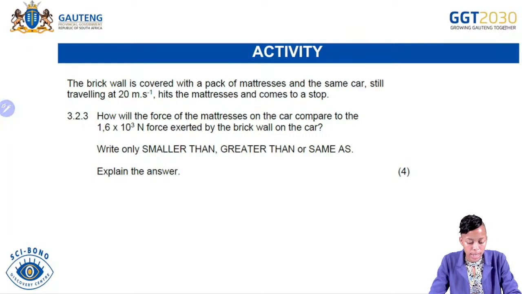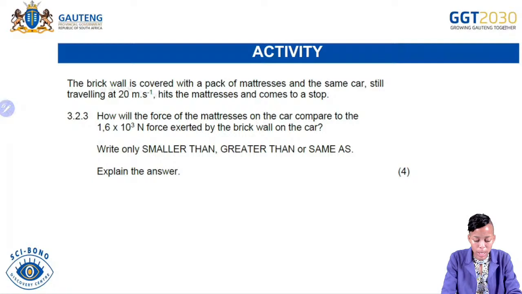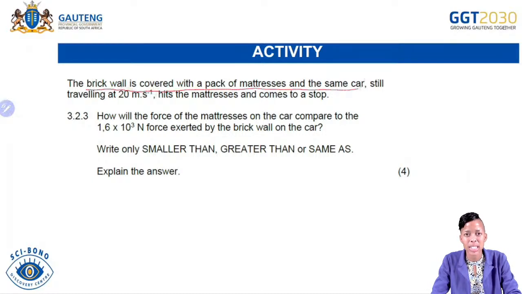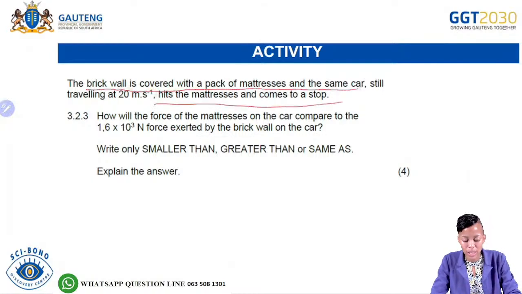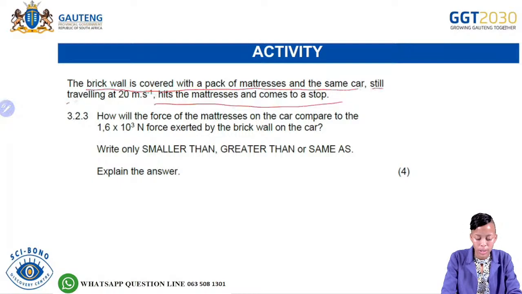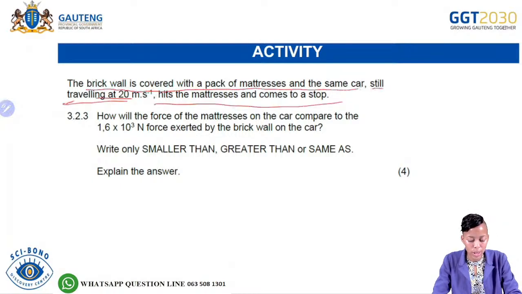Then it says the brick wall is covered with a pack of mattresses. So the brick wall is now covered with a pack of mattresses. And the same car, which is still traveling at 20 meters per second, hits the mattress and comes to a stop. Okay. So the question now says 3.2.3.